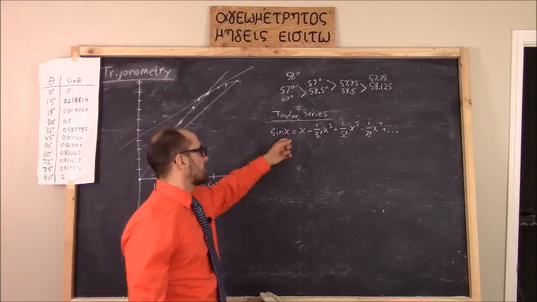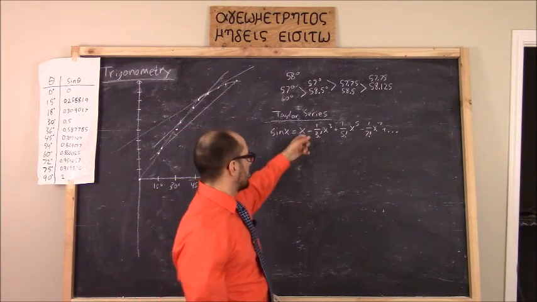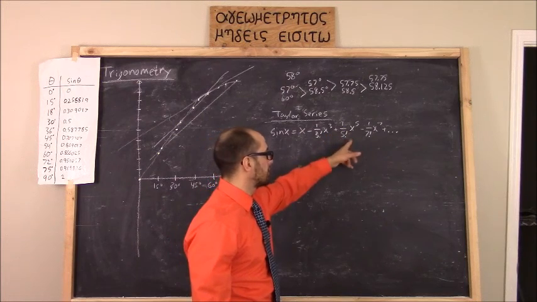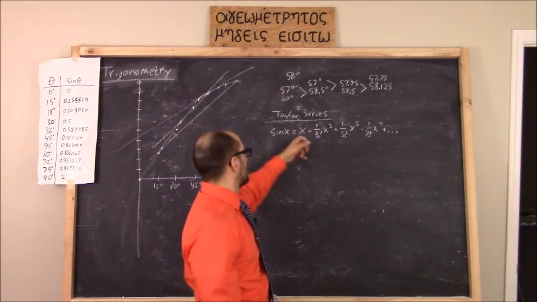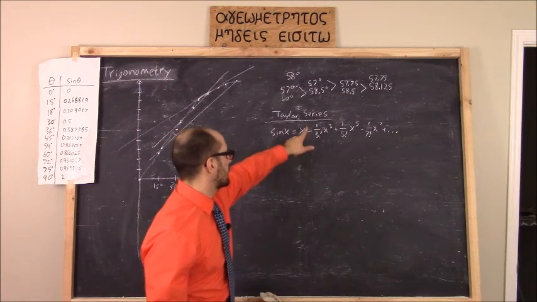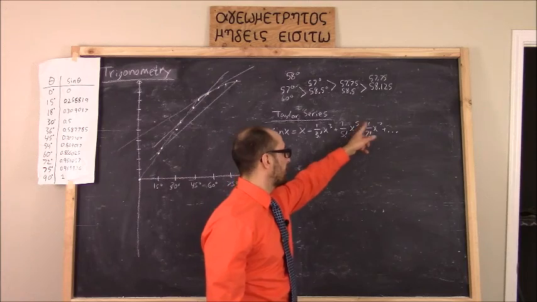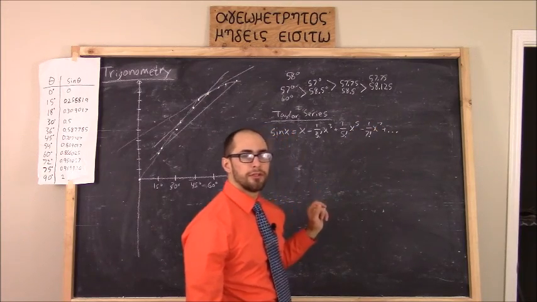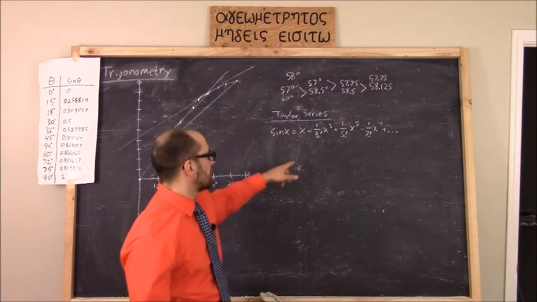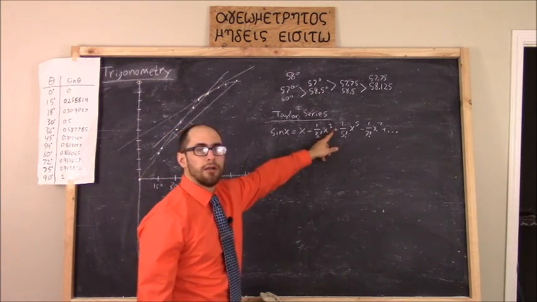Sine of x can be represented as an infinite series, meaning there are an infinite number of terms in this polynomial. Notice the pattern. It's only odd numbers. X to the first, x to the third, x to the fifth, x to the seventh. Each coefficient is the factorial of the power.